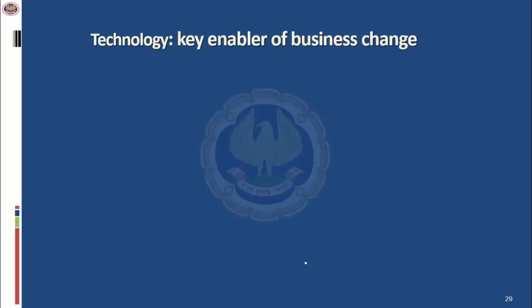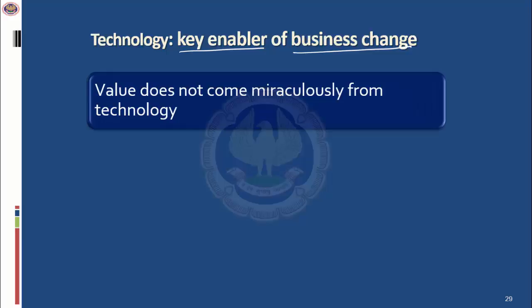Let's understand the background of how technology has become a key enabler of business change. In the era where the physical is becoming digital, where atoms are becoming bits and bytes, you need to remember that just by technology, you don't derive value.